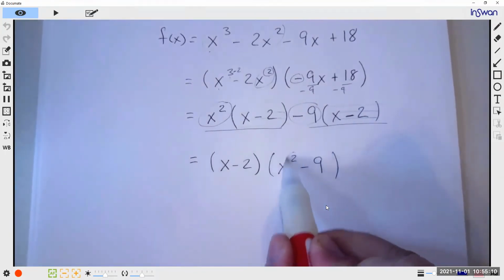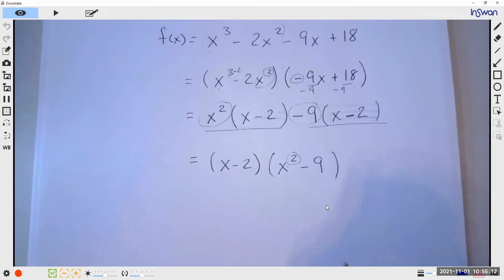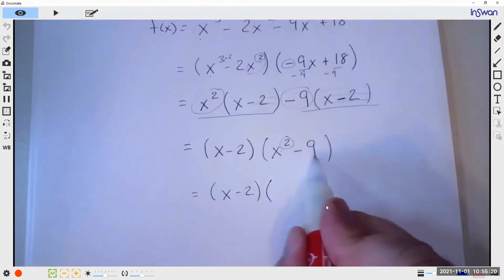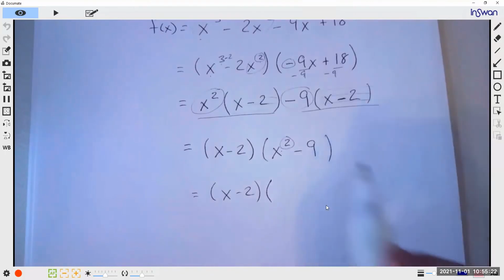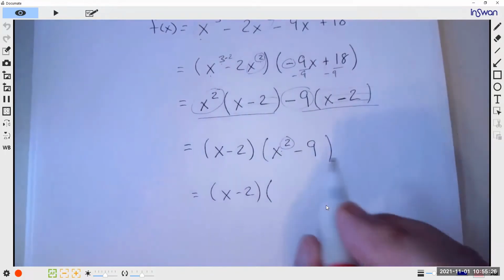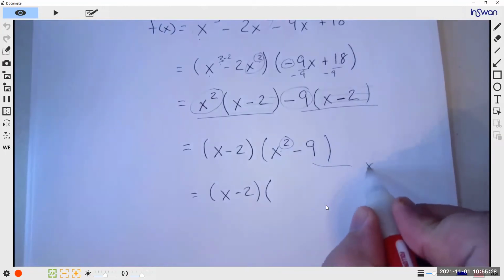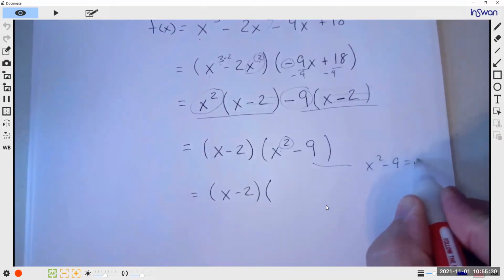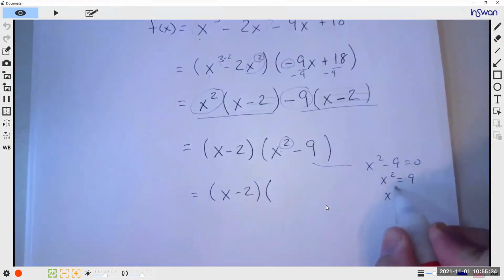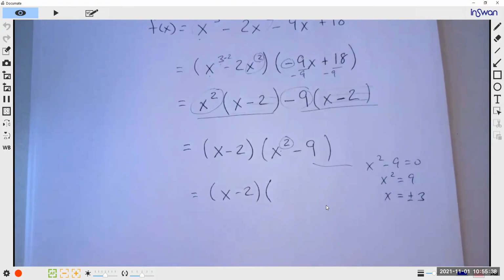We still have a quadratic equation here. So since we have 2 terms, we could take this equation, set it equal to 0, and work it out. Square root both sides, you get plus or minus 3.